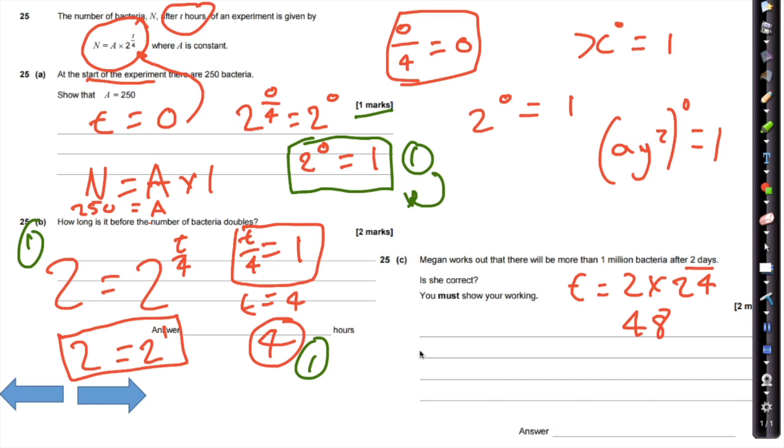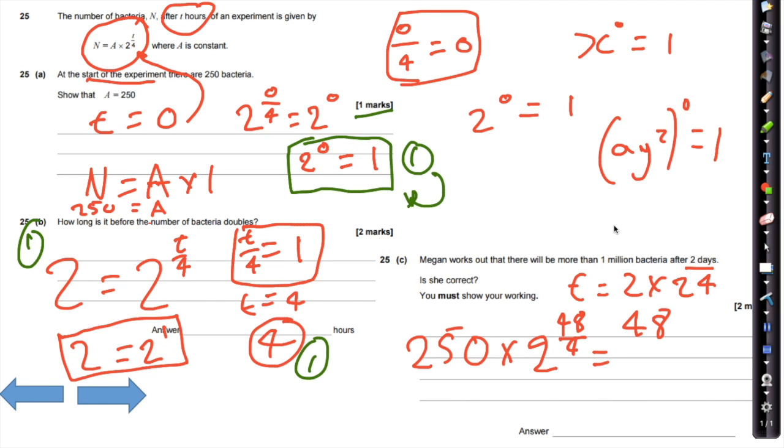So if she's correct, then n equals 250, which we've worked out to be a, multiplied by 2 to the power of, and instead of t now it's 48, so 48 over 4.